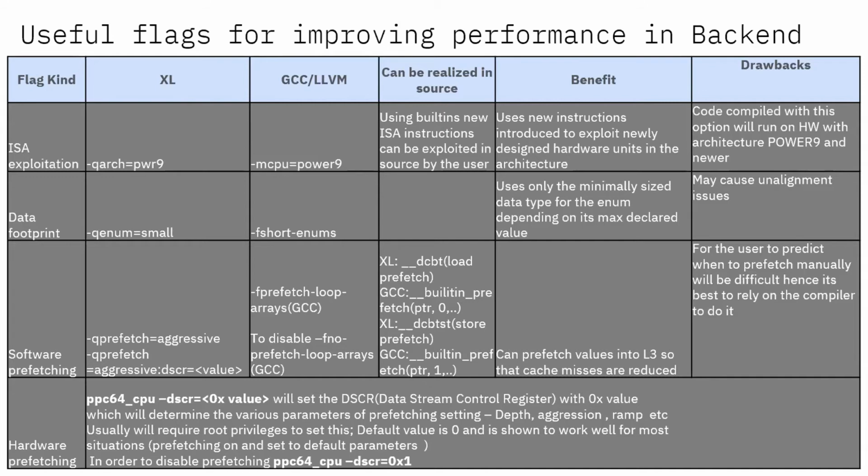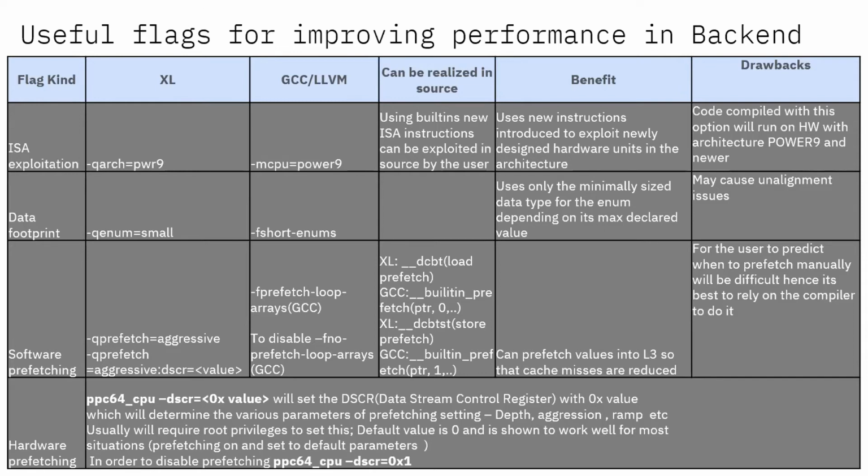In some cases that helps, but even if you don't want to rely on the compiler, you can just go ahead and put these prefetching instructions in yourself if you know the application very intimately, and you're sure that placing the prefetch instructions at particular points can really help. So there is an option for the user to do that manually as well. It's useful to know some of these options.